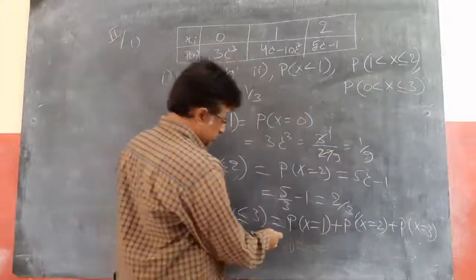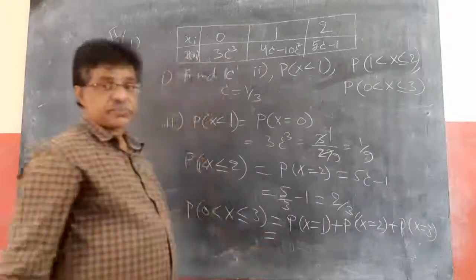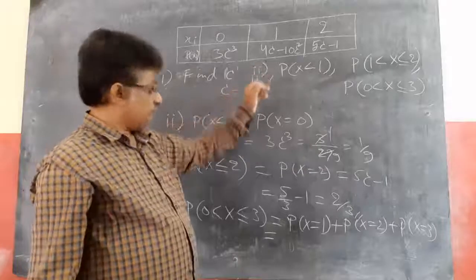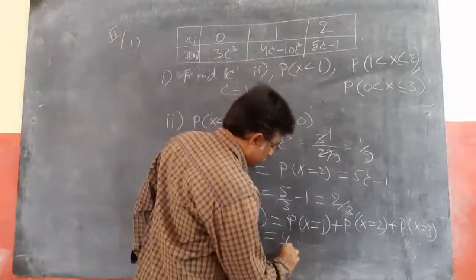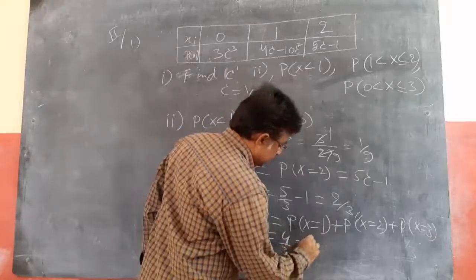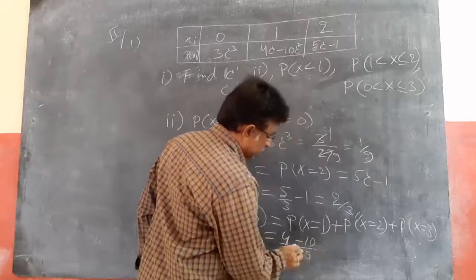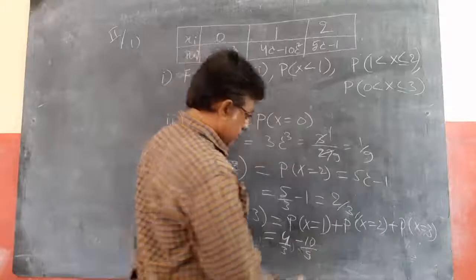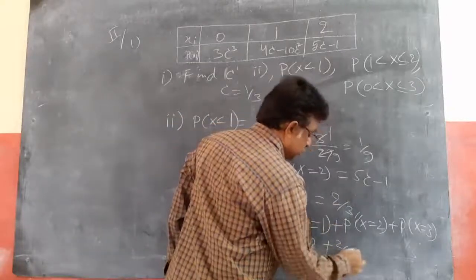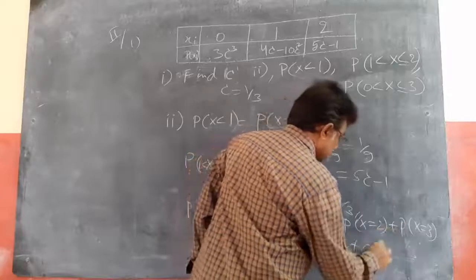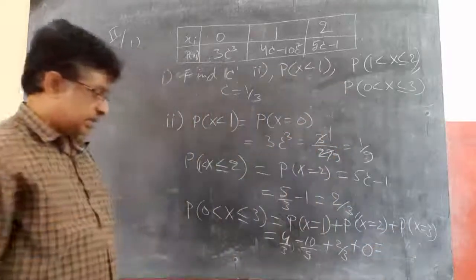And the remaining values we already know. Substitute them. P of x equal to 1 is 4c minus 10c square, that is 4 by 3 minus 10 by 9. 10c square is 10 by 9. Plus P of x equal to 2, which we just found as 2 by 3, and substituting that. P of x equal to 3 is 0.